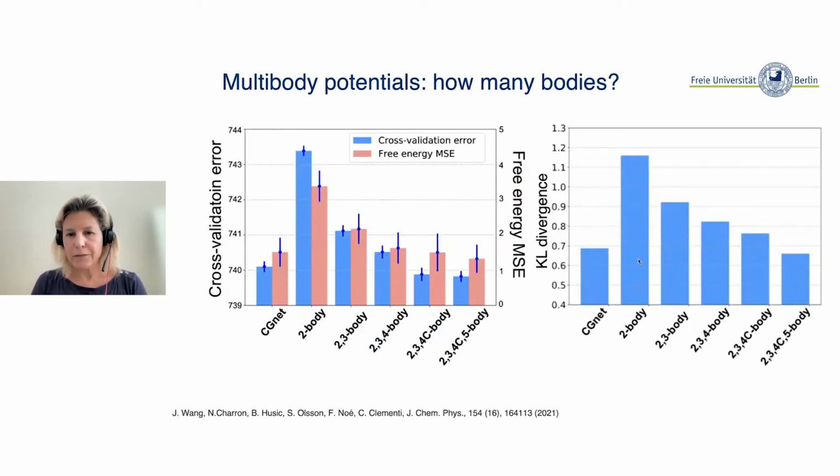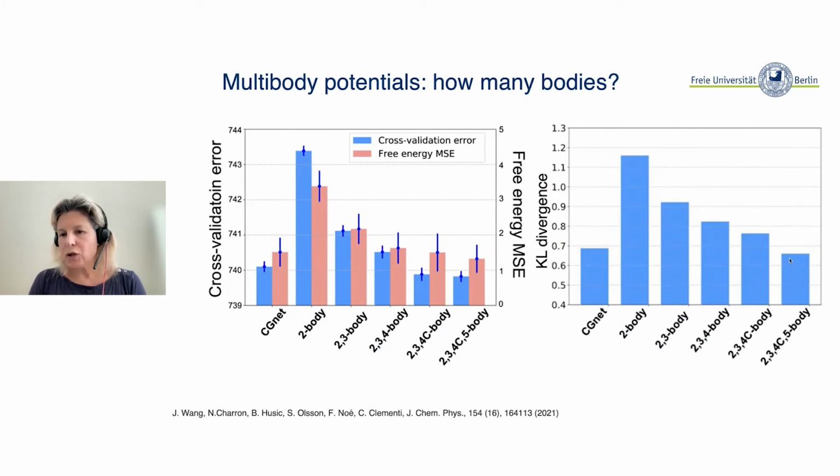If you look at the table on the right, you see the Kullback-Leibler divergence for different models. The CGNet is what we obtain with the full neural network. And with 2-body, it doesn't perform well, clearly. The error is much larger than CGNet. 2 and 3 bodies is better, but 3 bodies are not enough.